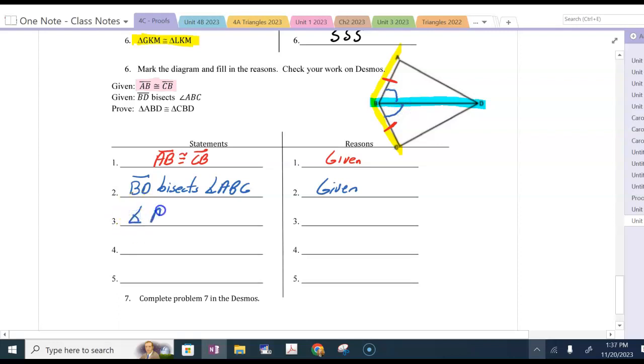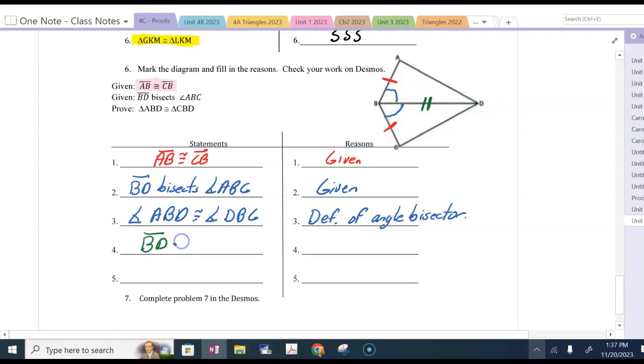What I mean by that is angle ABD is congruent to angle DBC, and that is the definition of an angle bisector. Then, if we look at these triangles, we have a common side, meaning BD is congruent to itself, BD. That was called the reflexive property.